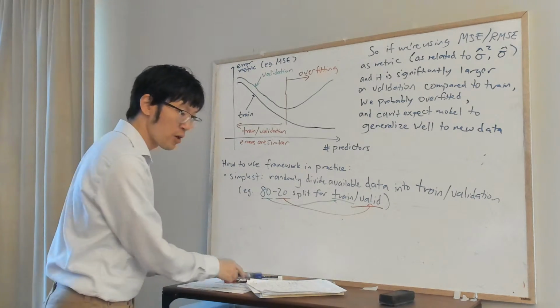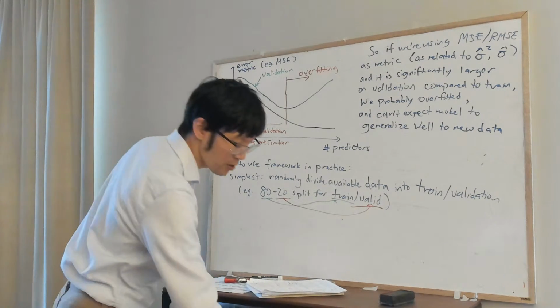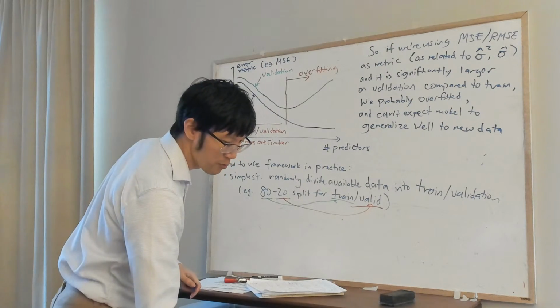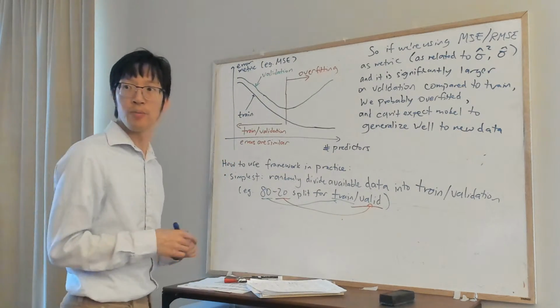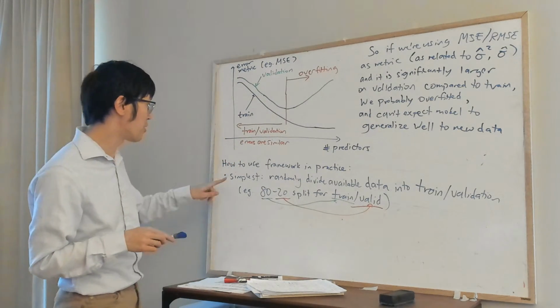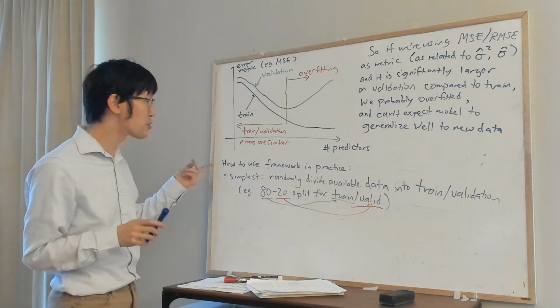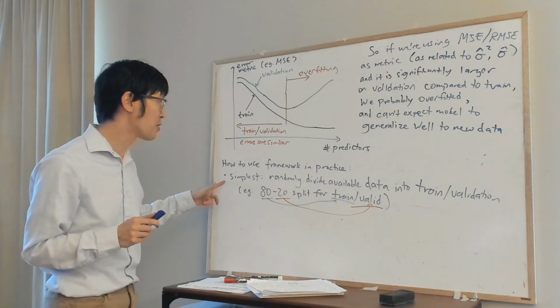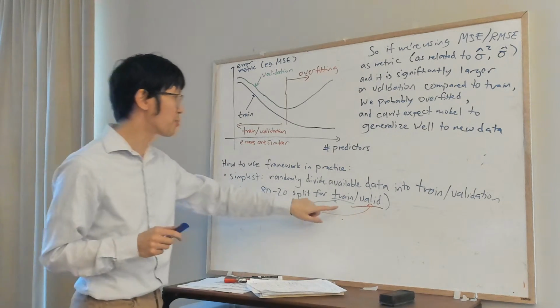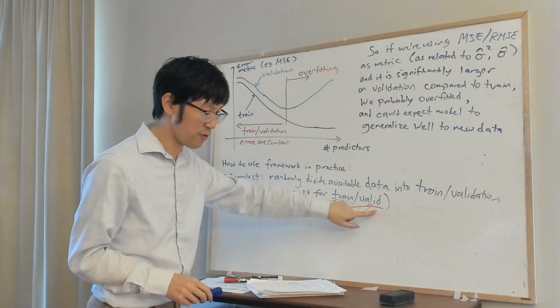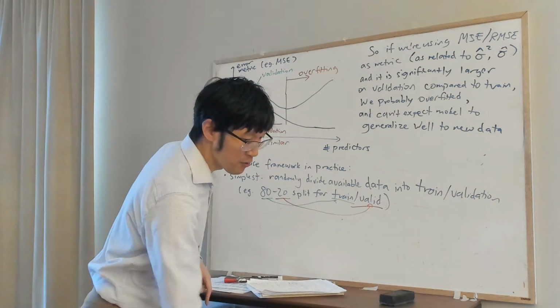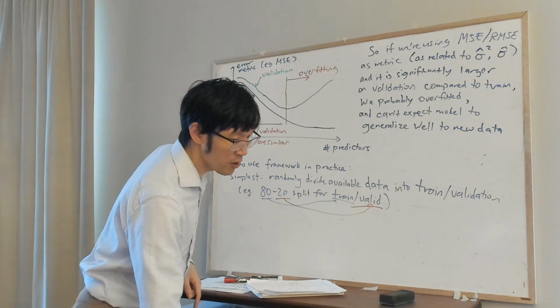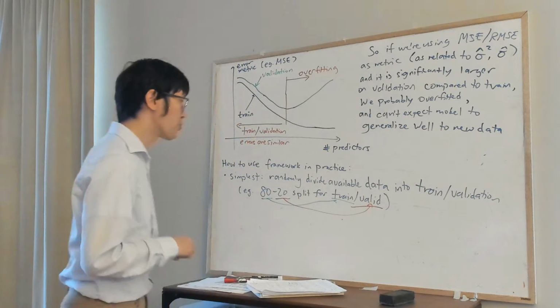Now, there's a couple of potential weaknesses of that approach, however, and that is we never got to use all of our data for training, because the part that we set aside for validation was never used for any kind of model training.